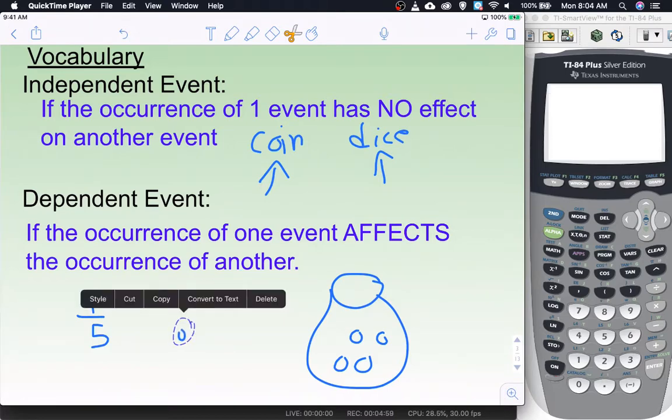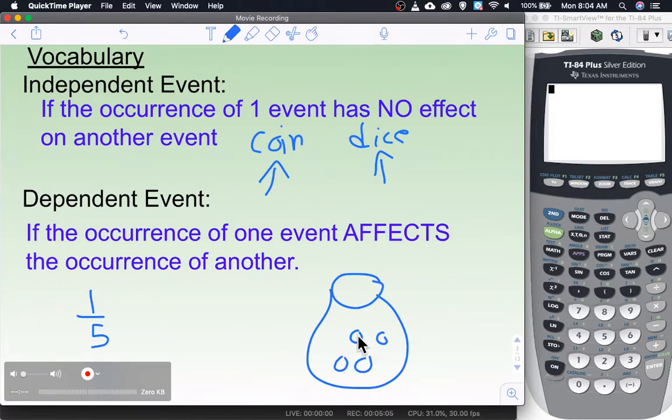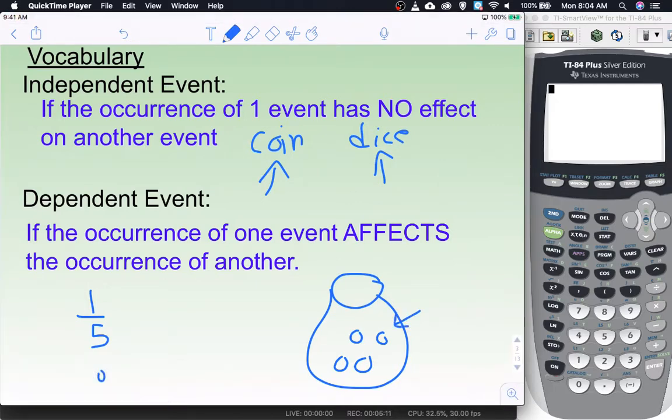But once I pick him, the chance of picking my second person is different. Whoever was left in here depends on who gets picked first. So now each of these guys has a 1 in 4 chance of getting picked as the second person to get the prize. So those events are dependent. It depends on who you pick first. Okay?